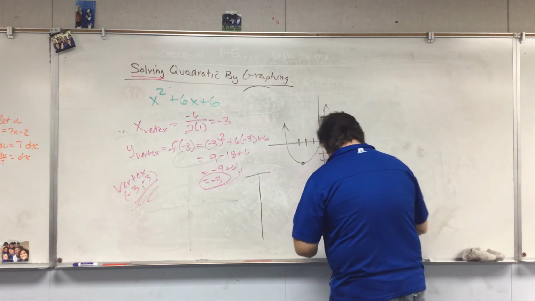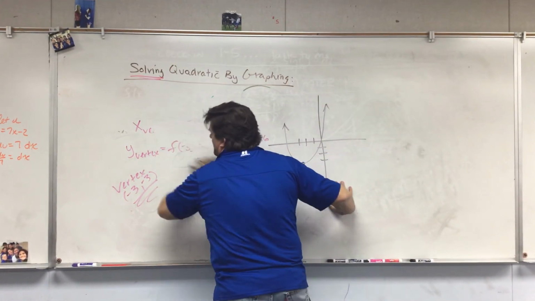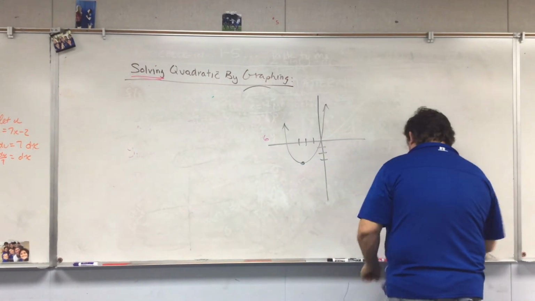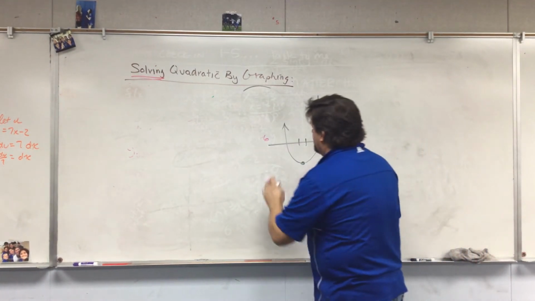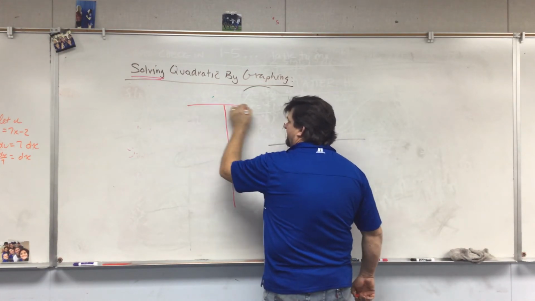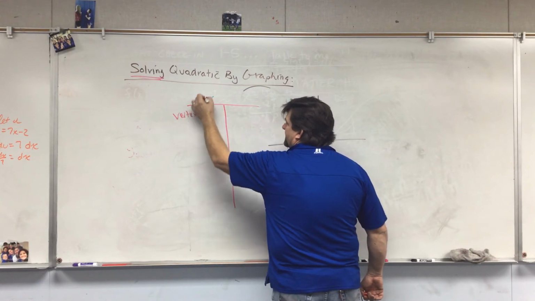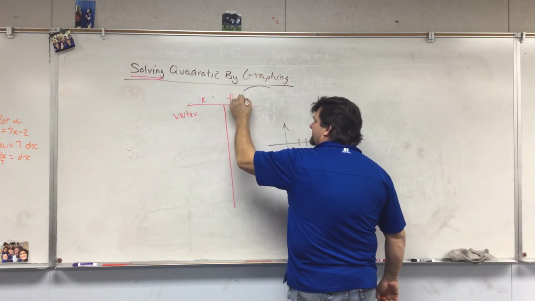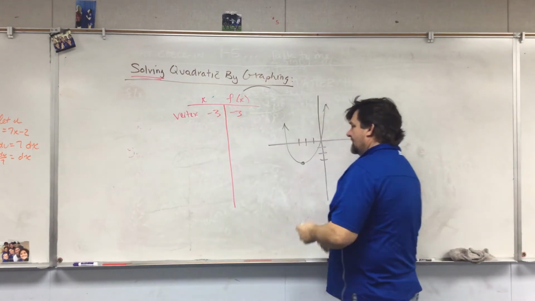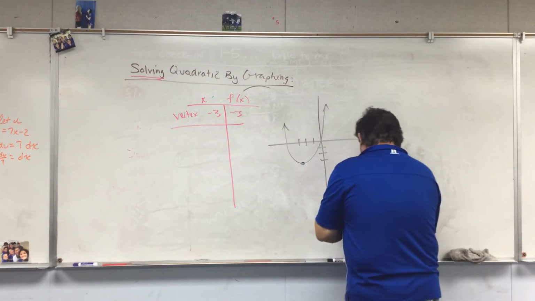So I'm going to erase that one on the left here, guys. We're going to create an input-output table. We got our vertex. Remember, we always want to do our vertex. This is x and f of x, which is our y value. And our vertex was negative 3 and negative 3. So now I'm just going to start like I normally do. I'm going to pick one to the left.